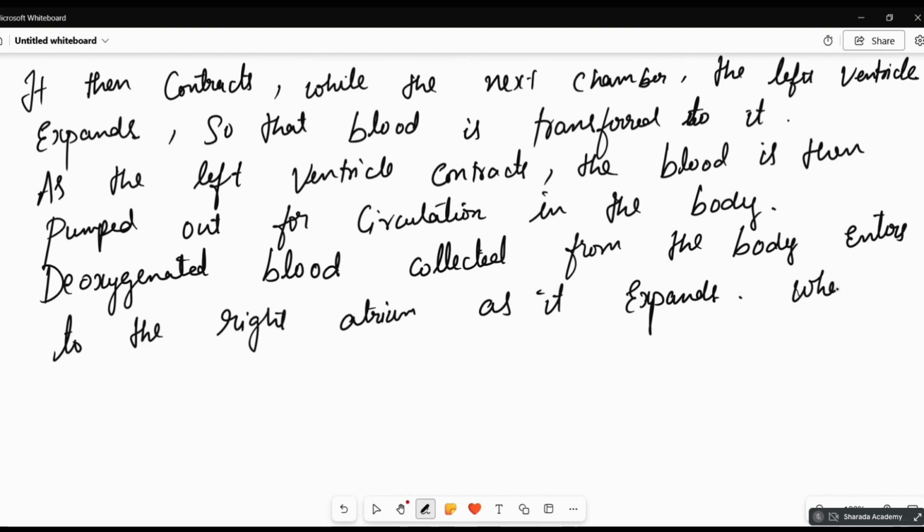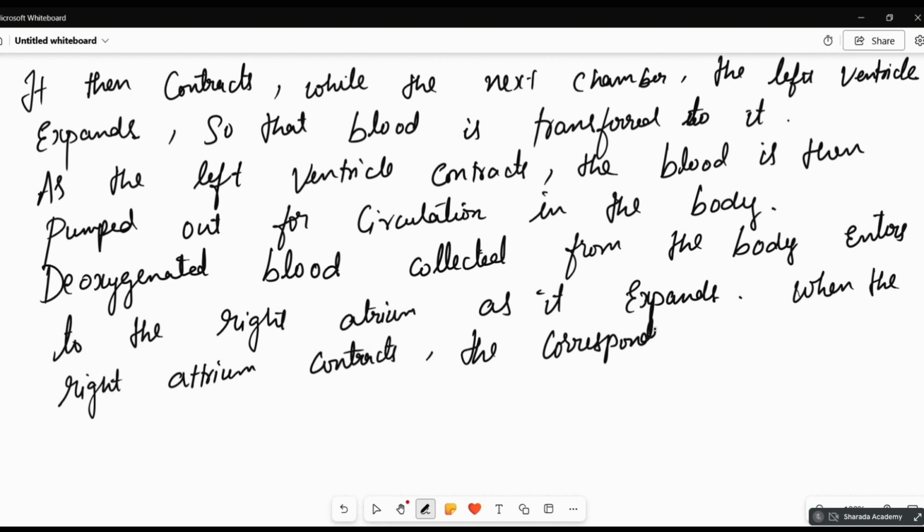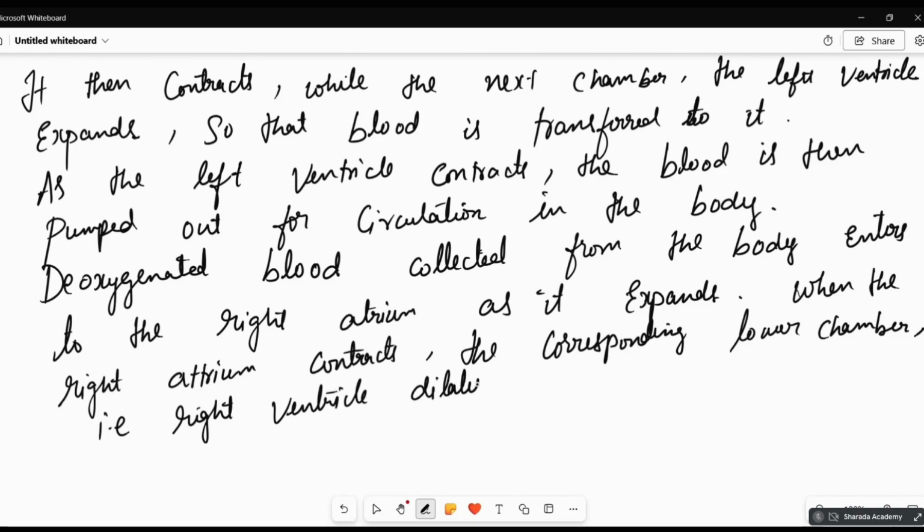When the right atrium contracts, corresponding lower chamber, that is right ventricle dilates.